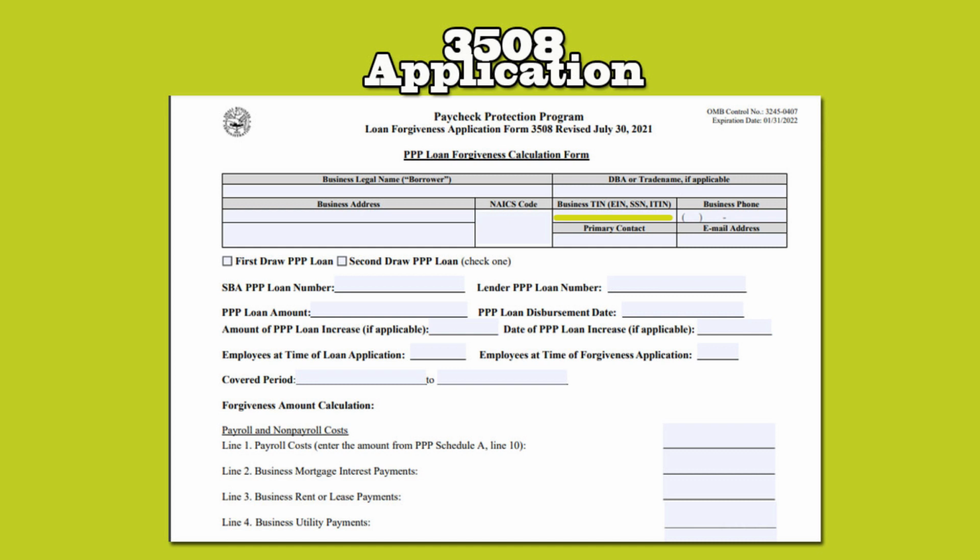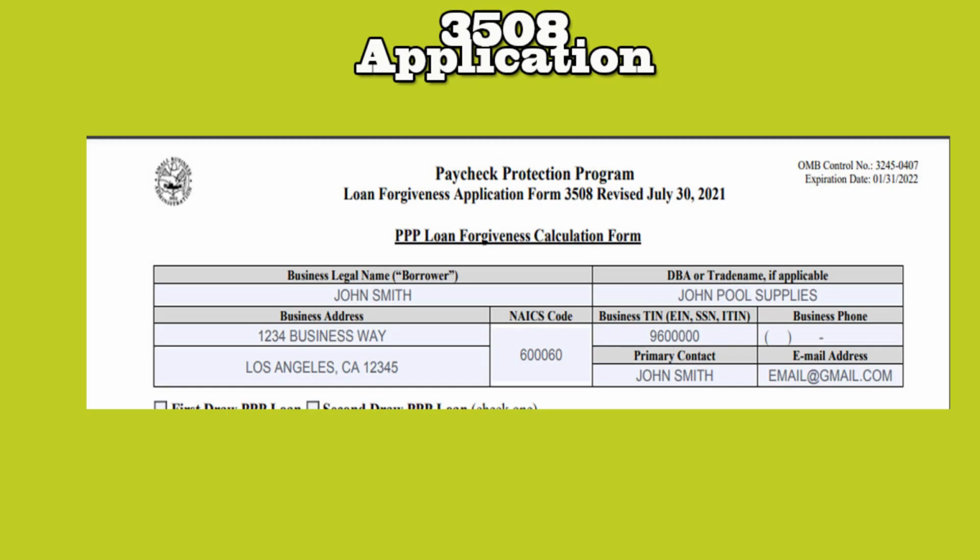If you are a small business without an EIN number, you would put your Social Security number. If you are self-employed, you would also put your Social Security number. If you are a corporation or LLC, you would put your EIN number in this section. Business phone, that is self-explanatory. You would put your business phone number in this section.